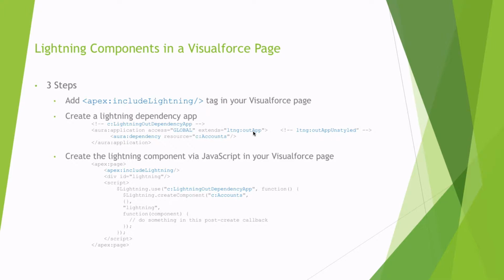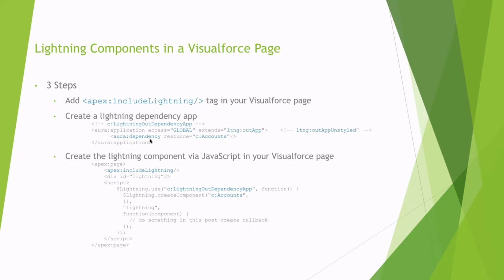Okay, and then the third aspect is aura:dependency for every component that is created in your Visualforce page. Okay, one dependency for every component that you create. This will make more sense in a minute when we see it in action. Okay, and which components need to be listed as dependencies exactly? Just the top level ones that you will be specifying inside the Visualforce page.